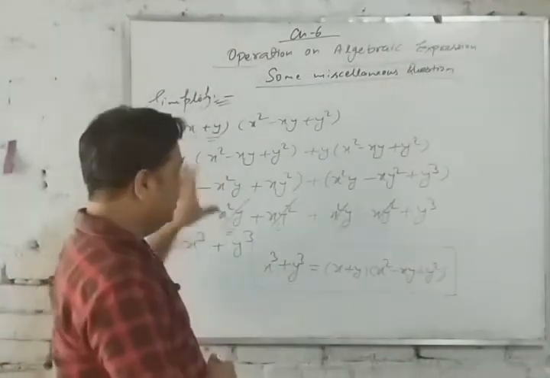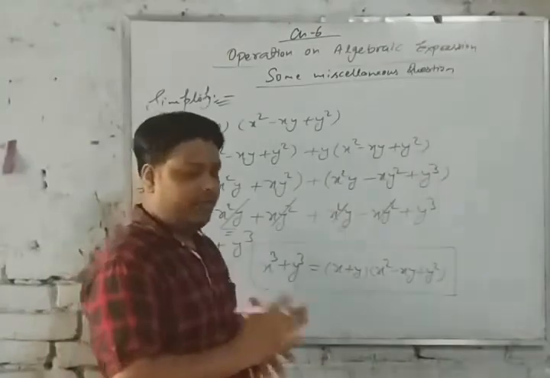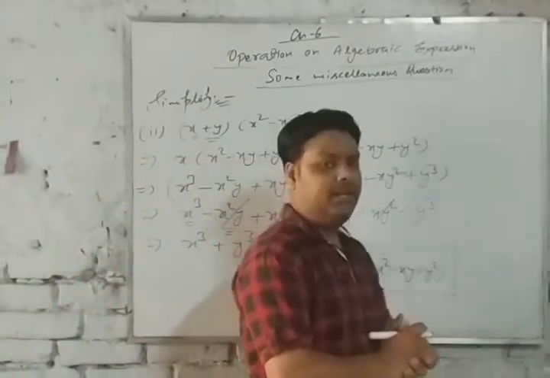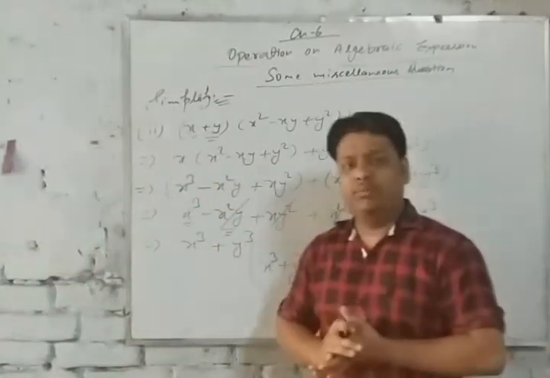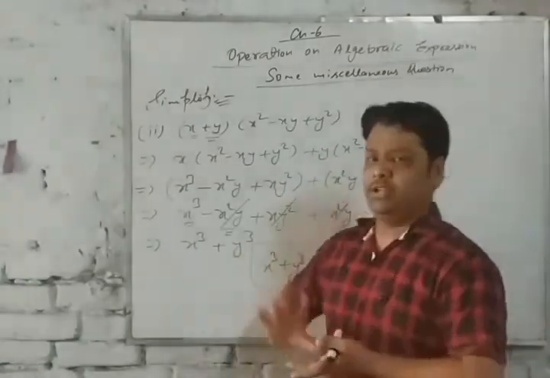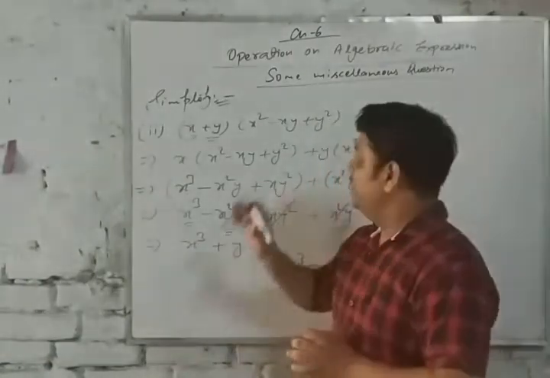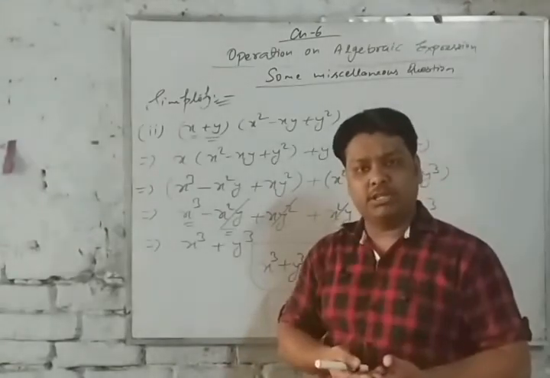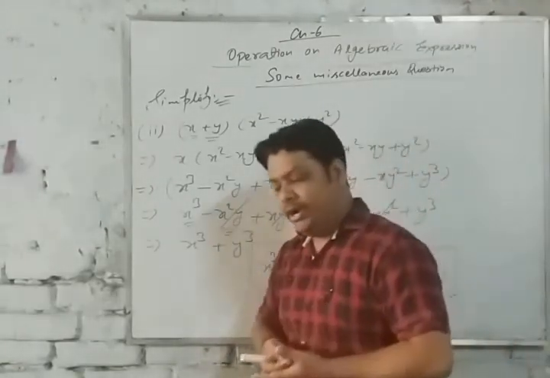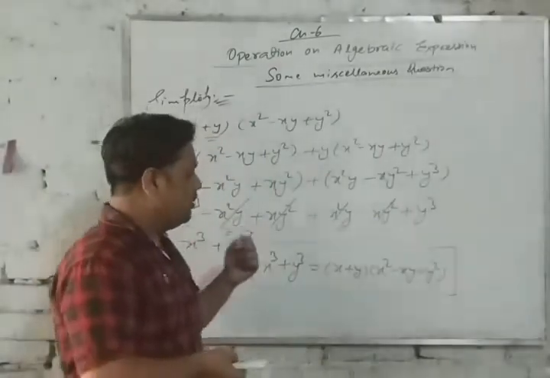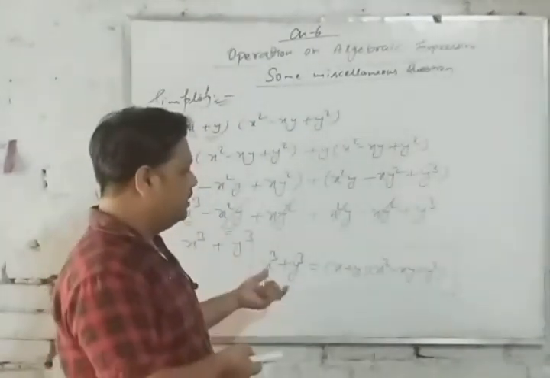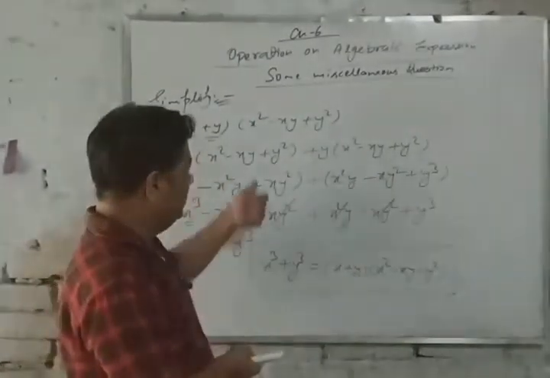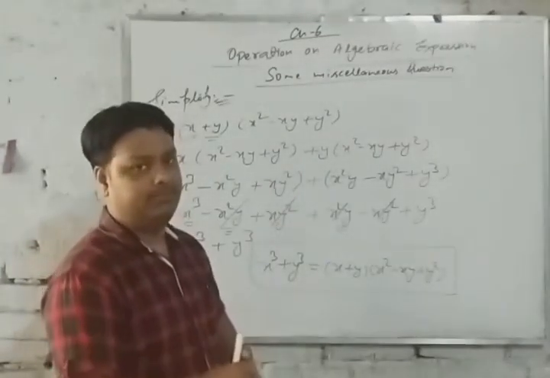Every identity which we use in mathematics will come from algebraic expressions. If you know how to solve any question by algebraic expression, then you will find that many formulas are derived by only using algebraic expressions.